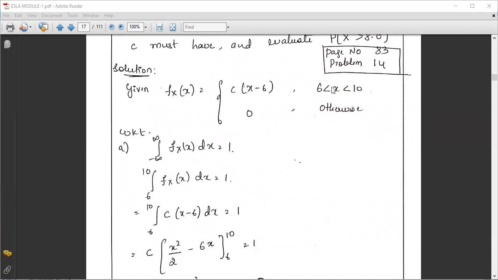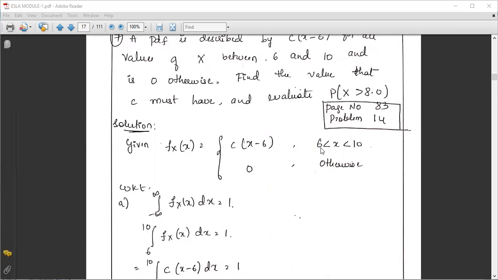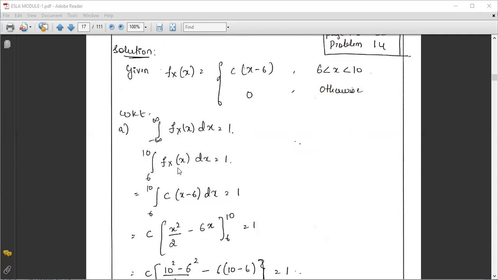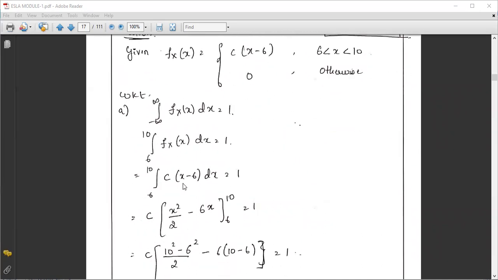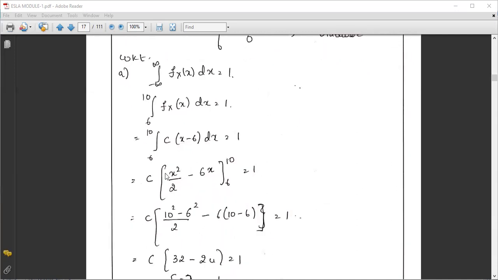Here the limits are from 6 to 10, because f_X(x) is c into x minus 6 on that range. So the integral from 6 to 10 of c into x minus 6 with respect to x equals 1.